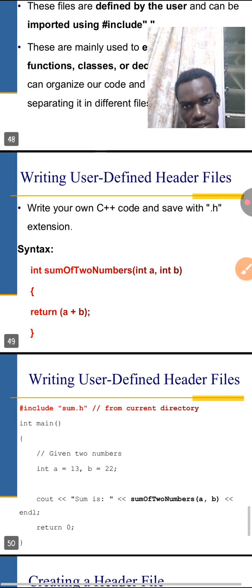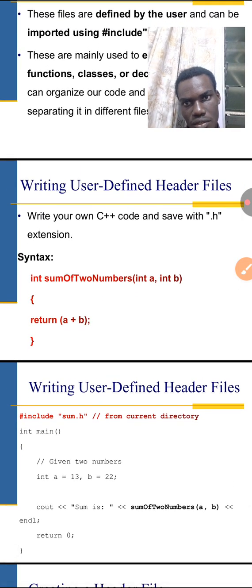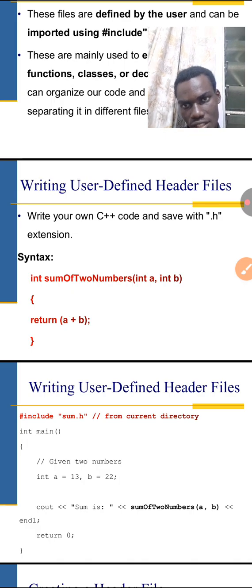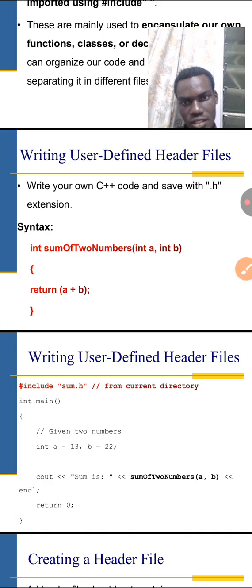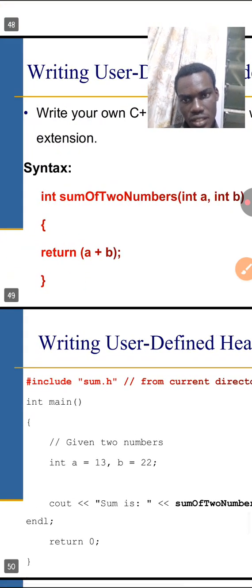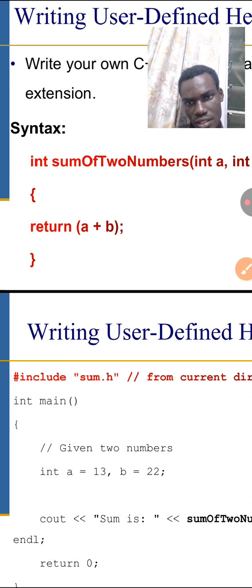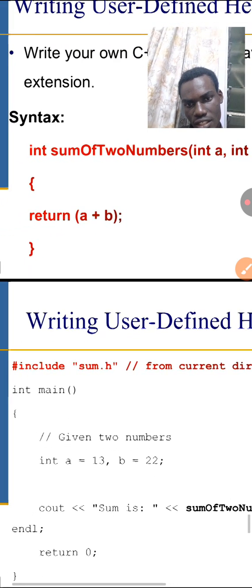You first have to know that when writing the header files, the file has to end with .h as its extension. As you can see, someone is creating his own header file, which is called sum, with .h as its extension.